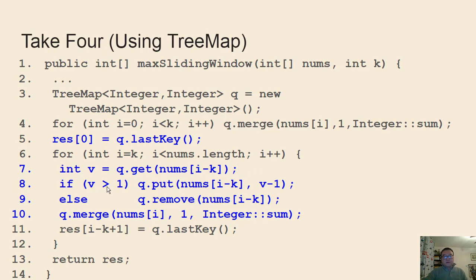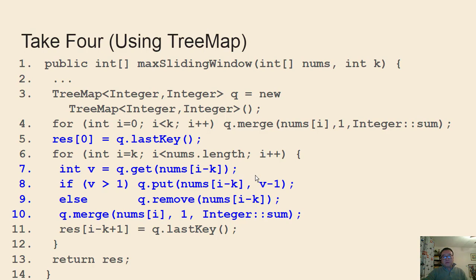This is what we do to insert an element. We first see whether that number exists as a key. If it exists, then this is removing that element: we reduce this count by 1, otherwise we fully remove it.